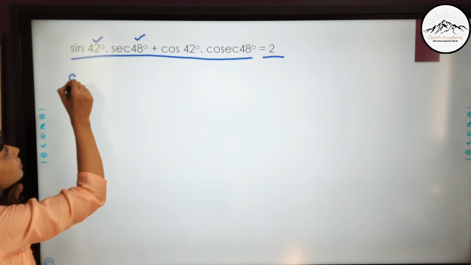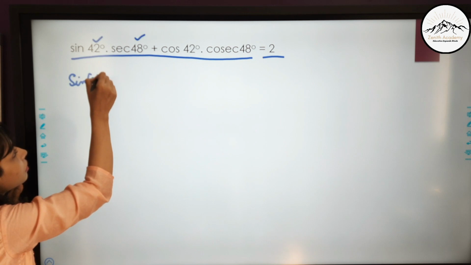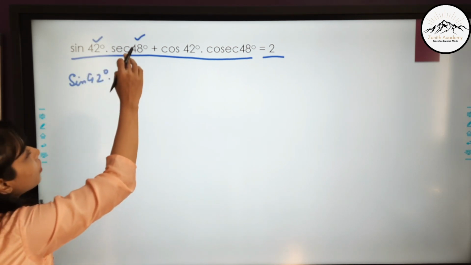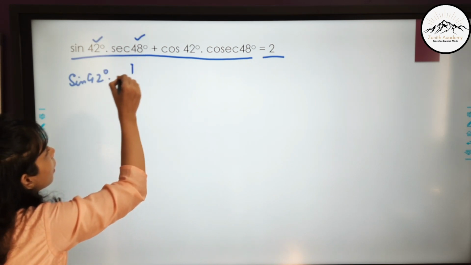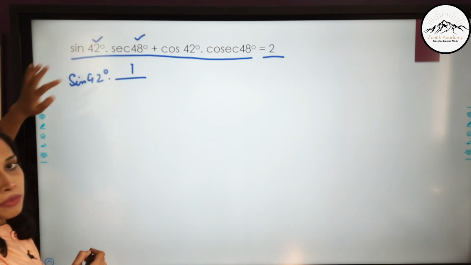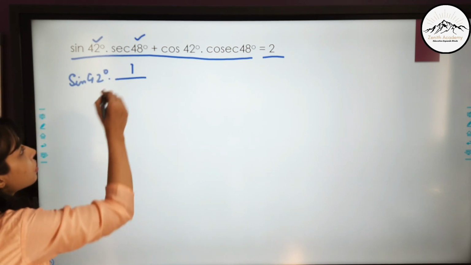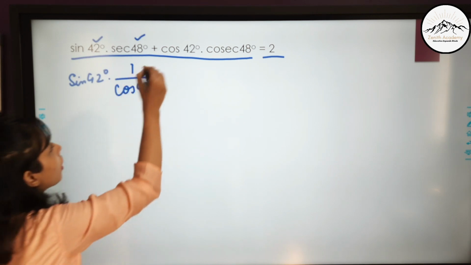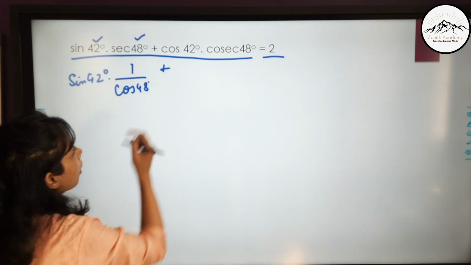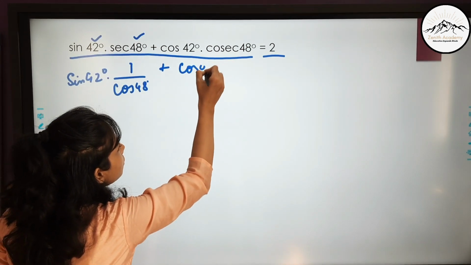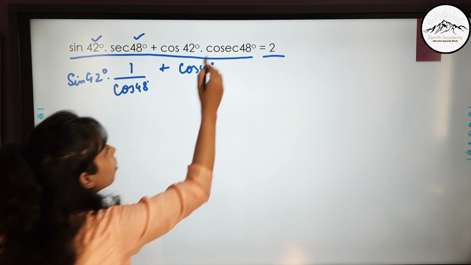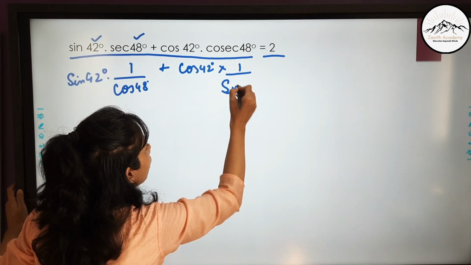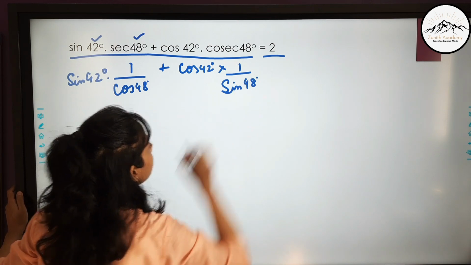So for sin, let's say I keep this as sin 42 degrees into, for sec 48 degrees, we know sec is the reciprocal of cos, so I can write this as 1 upon cos 48 degrees, plus cos 42 degrees, and cosec is the reciprocal of sin, so I can write this as 1 upon sin 48 degrees.